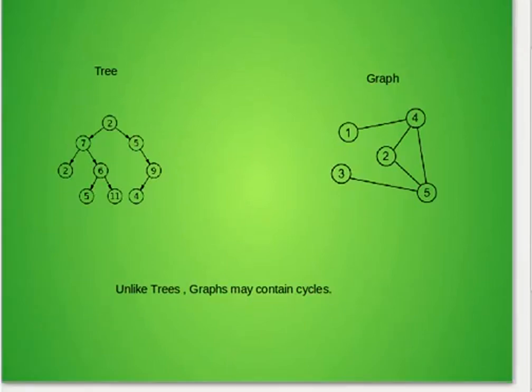Basically, a graph is a non-linear data structure, just like trees, which is made up of vertices and edges that connect them. By non-linear, I mean they require a 2D representation, unlike linear data structures like arrays, stacks, and linked lists.